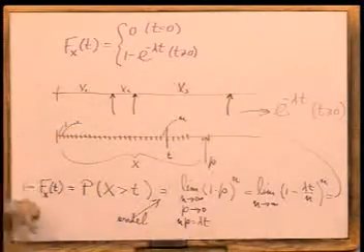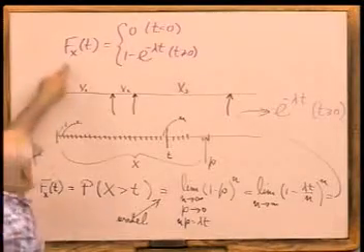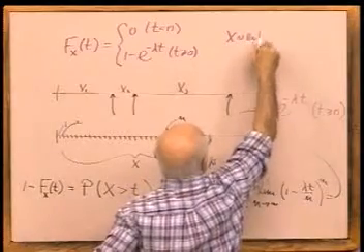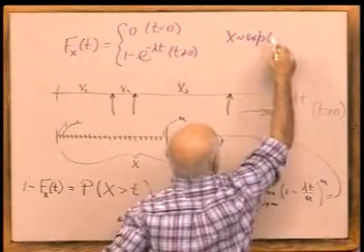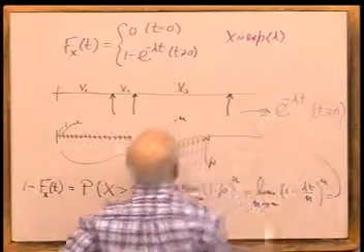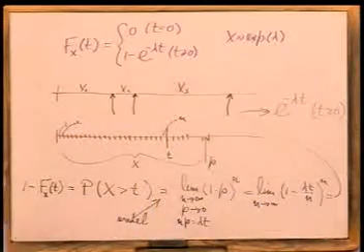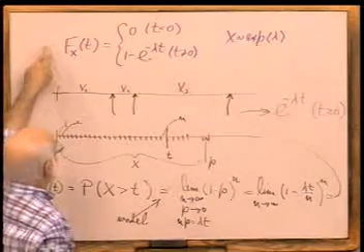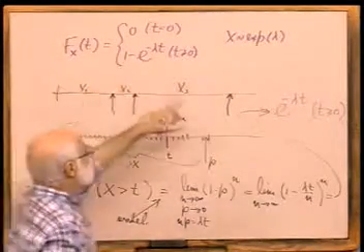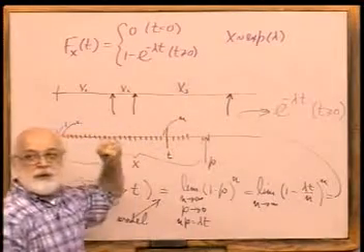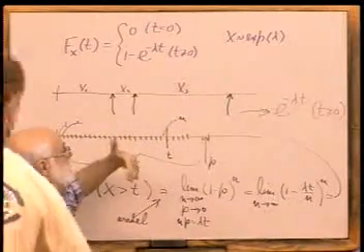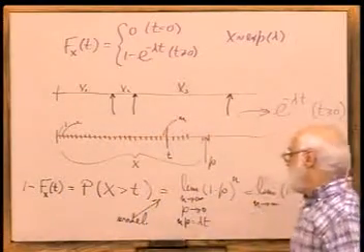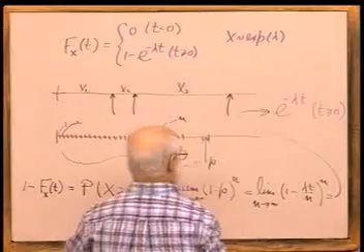And in that case, x is said to be exponentially distributed, exp, that's the abbreviation, with parameter lambda. Okay, so that's the distribution function of a random variable that represents events occurring randomly in time, according to this model.